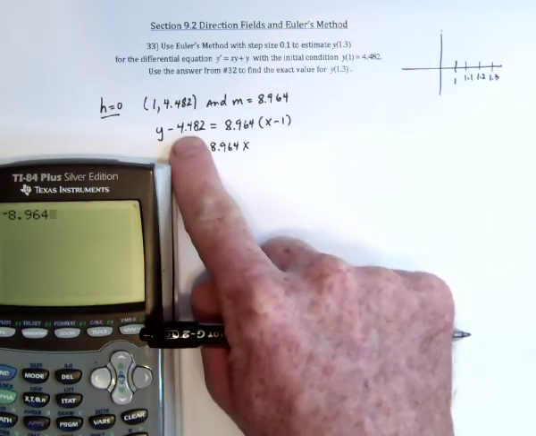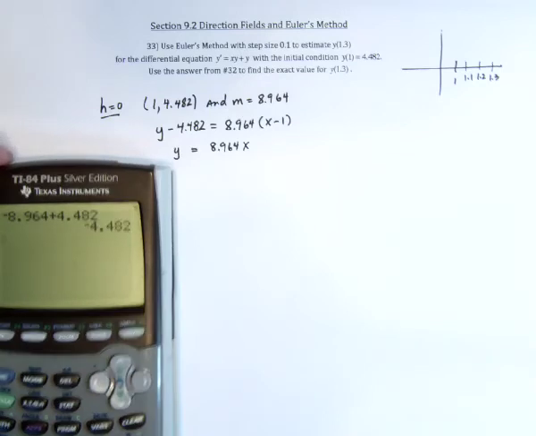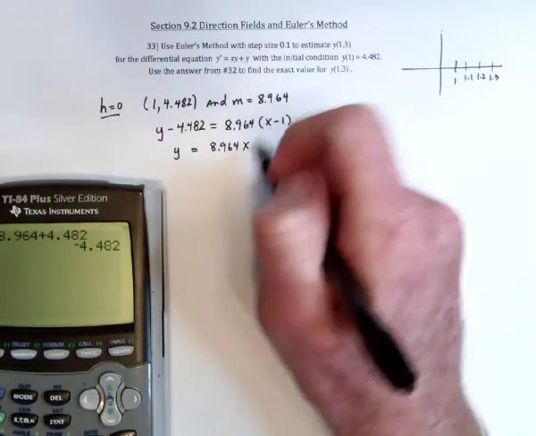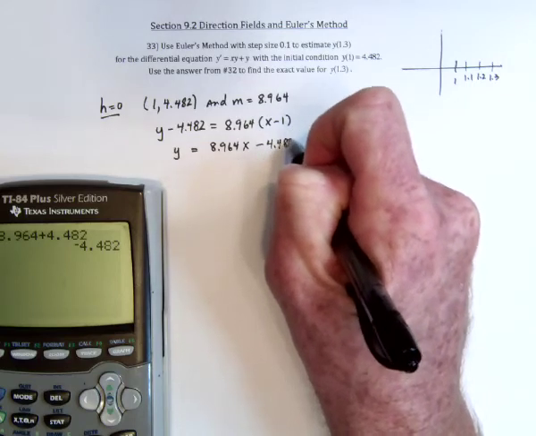And then add this to both sides. And so our equation would be this, and then minus 4.482.